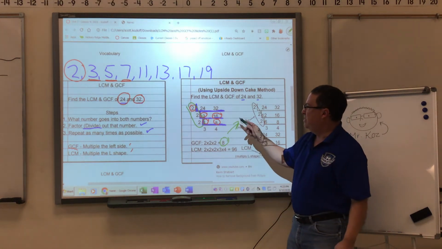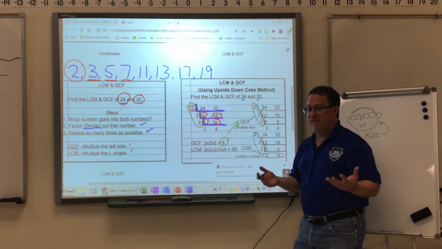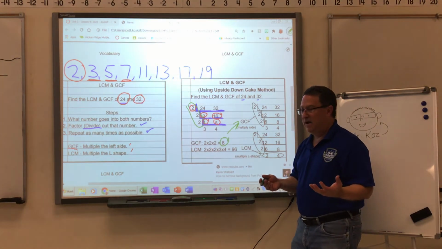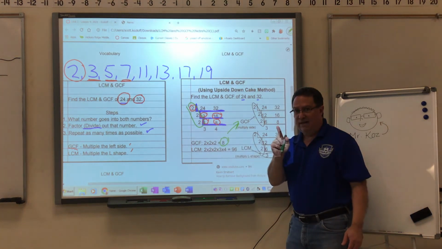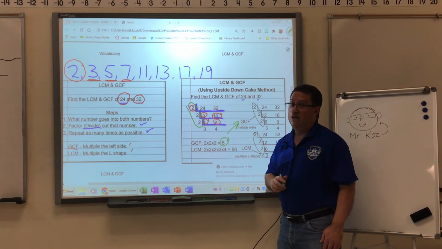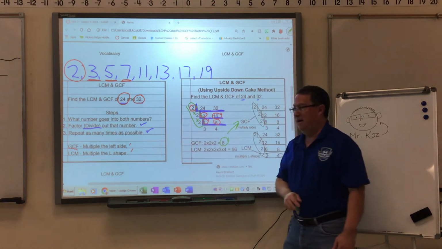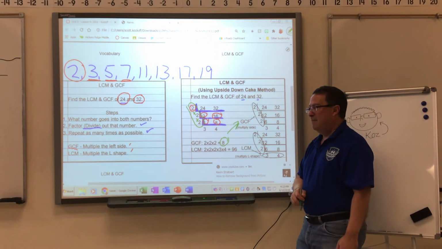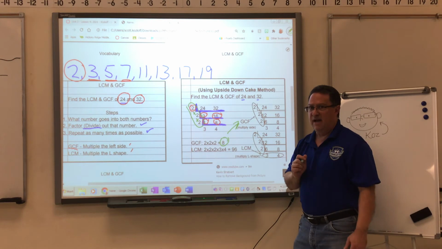If you look at 32 and you look at 24, that's the greatest thing they have in common. Okay? Those were all the factors that we took out one at a time, and I multiply them together. I don't add them. I multiply and I multiply. So my greatest common factor are all of the factors on the left that I factored out.